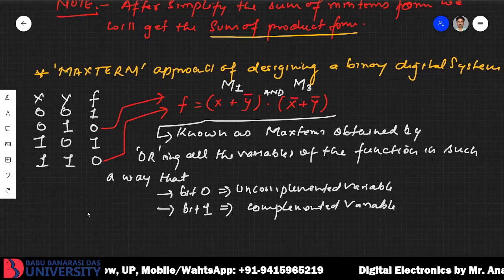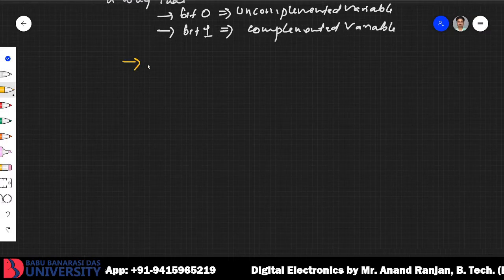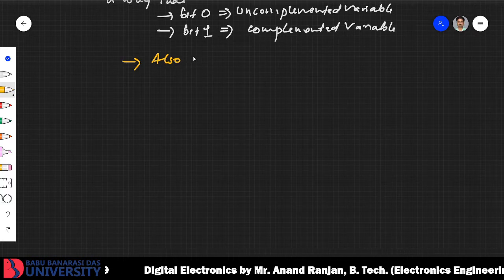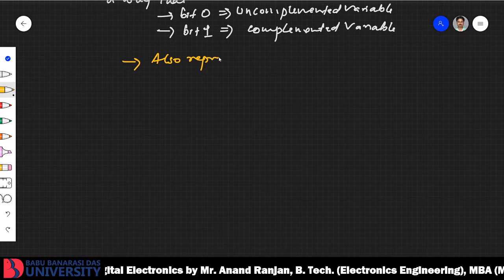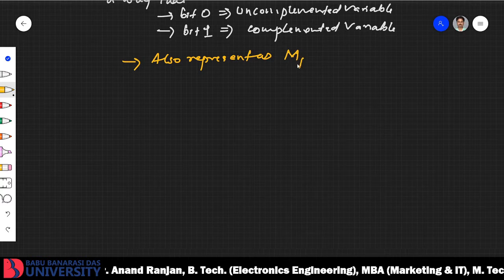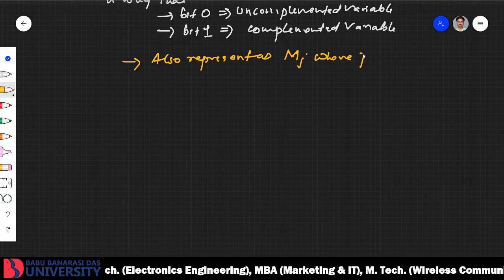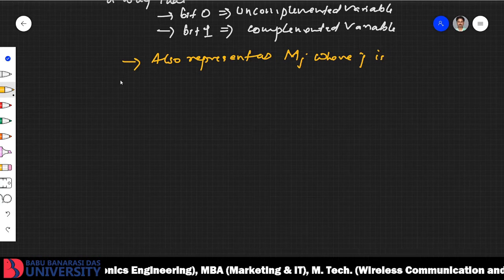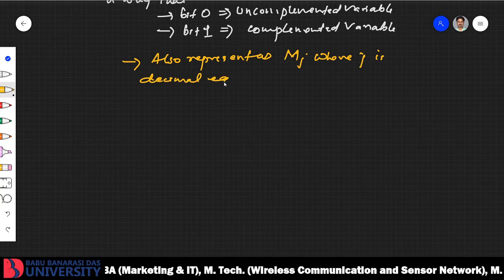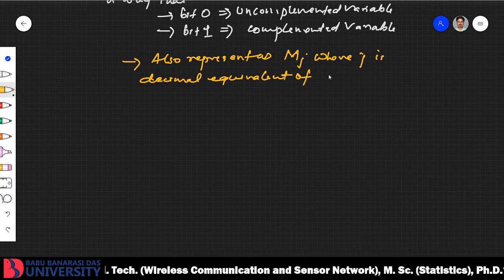Okay, and also represented as capital Mj, where j is the decimal equivalent of the binary input.